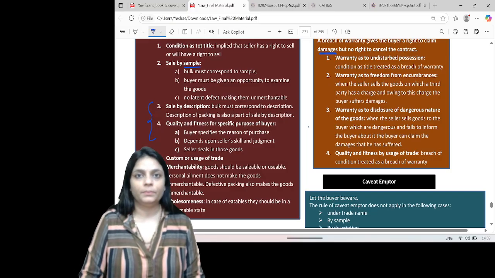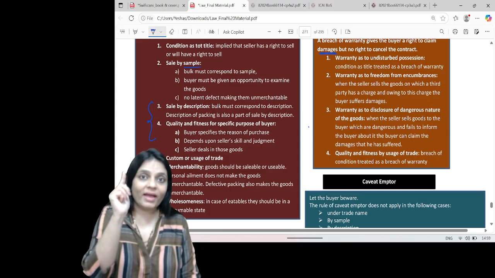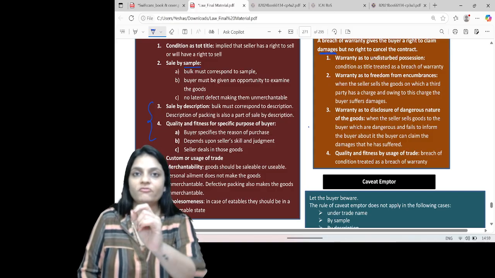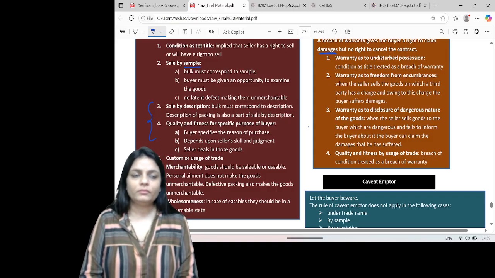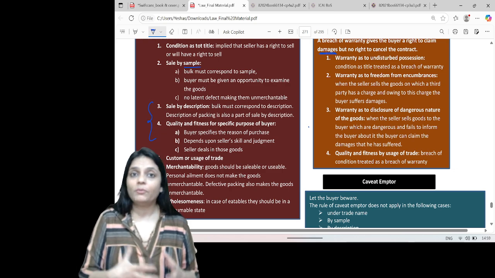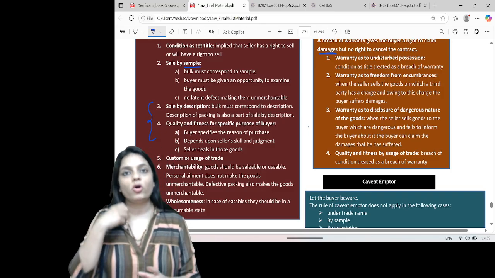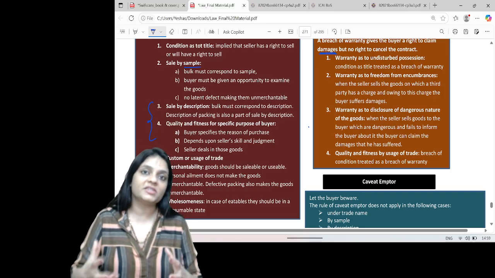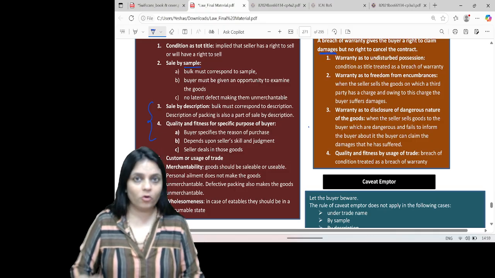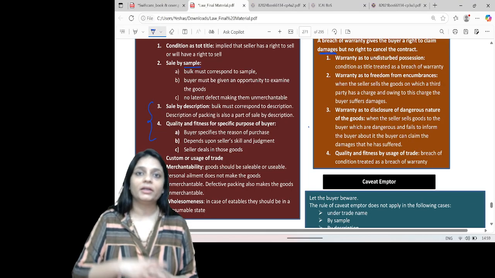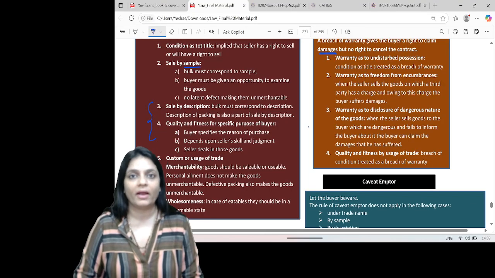This is description. The buyer says, I want rice grains this long to make biryani. This is specific purpose of the buyer. When I just describe the type of goods I want, that's description. But when I tell the seller why I want those goods, it is sale for the specific purpose of the buyer. I hope this gives you clarity, because many times you get confused.